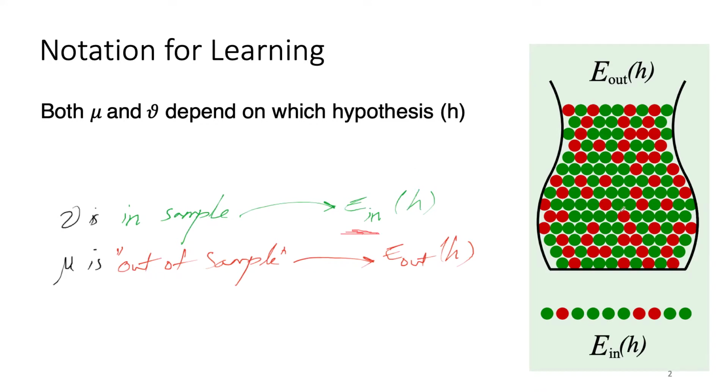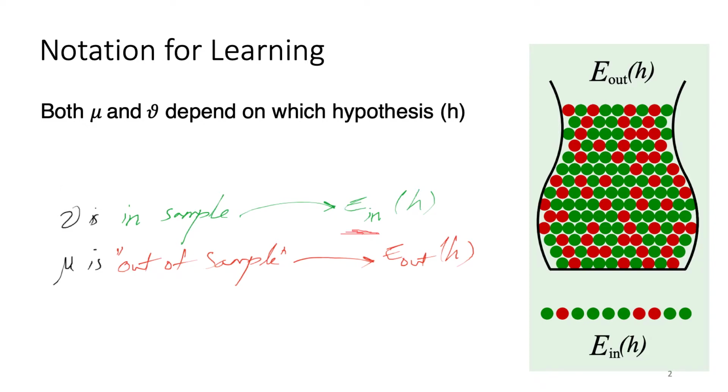So those green marbles in the jar are those for which we already had an estimate using their mu. We thought that 60% of those are green.